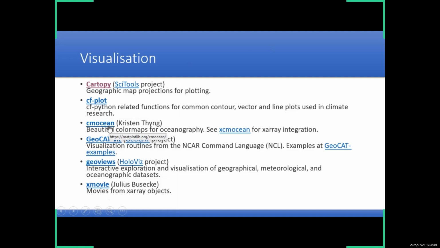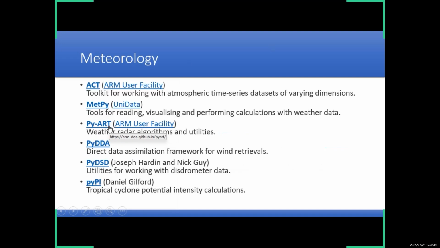If you are plotting something, these are the libraries that we will use. And these are the libraries that we will use for meteorological purposes. If you go into MetPy, you will see there are a lot of libraries in MetPy. Sometimes you can use ACT. Let me open the MetPy library, because in MetPy we have SkewT diagrams and wind diagrams. We can easily plot using the MetPy library.